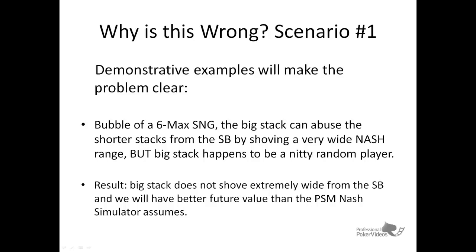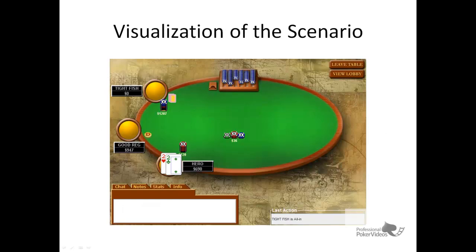So that it's easy to visualize, here it is, the exact same situation we're describing. And we're the hero in the big blind who is the short stack. We're going to get a lot more folds than we would otherwise expect. And what does that mean? Well, it means that with a hand like pocket twos, which we might otherwise think we have to call, all of a sudden, against somebody that's shoving tighter, we're going to have to call tighter because our hand doesn't play as well, but we're also going to make a lot of money when he folds in future scenarios.